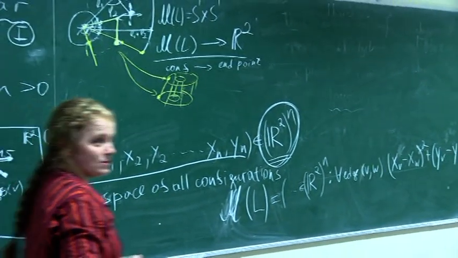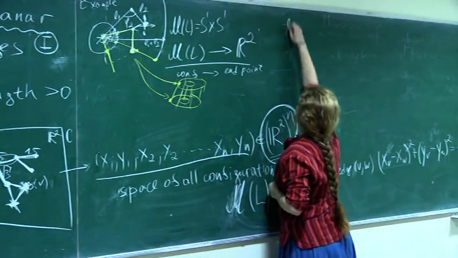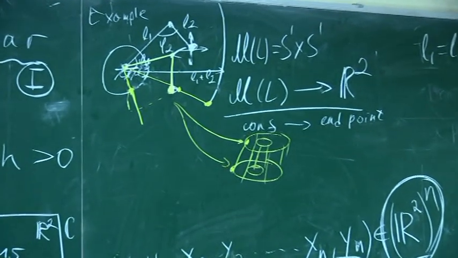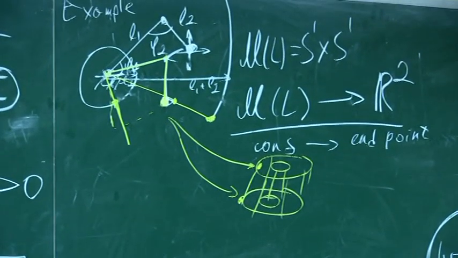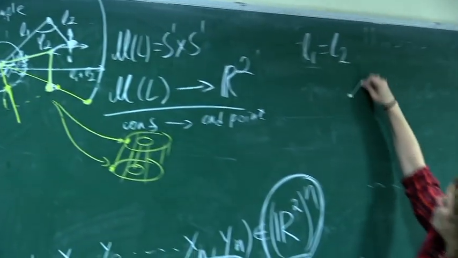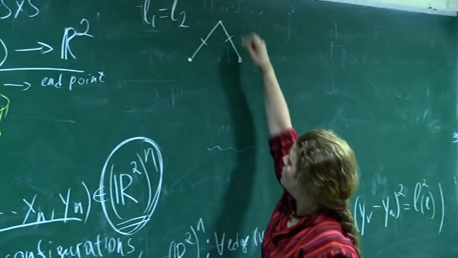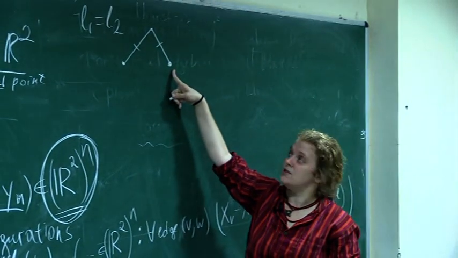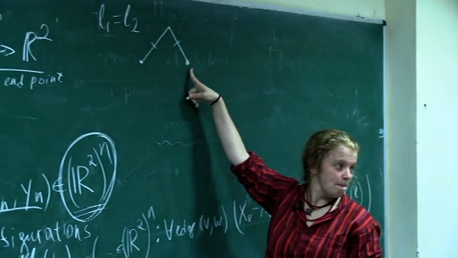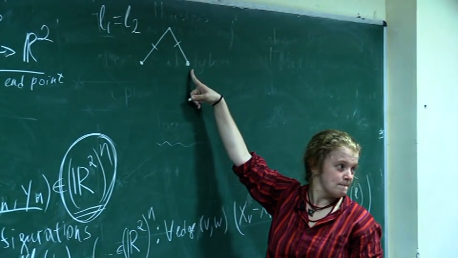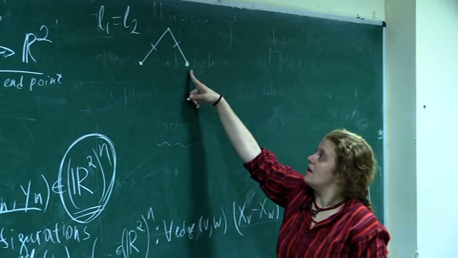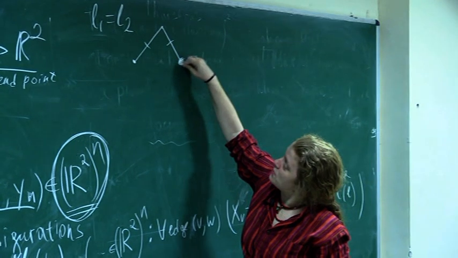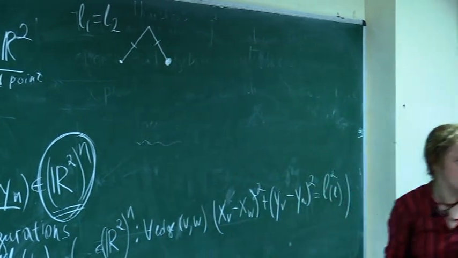And what happens, for example, if our lengths of bars are equal, L1 is equal to L2? How does this work? Then the set of all possible positions of this endpoint, how does it look like? Yes, but I'm asking you about the workspace, the space of all possible positions of this endpoint.